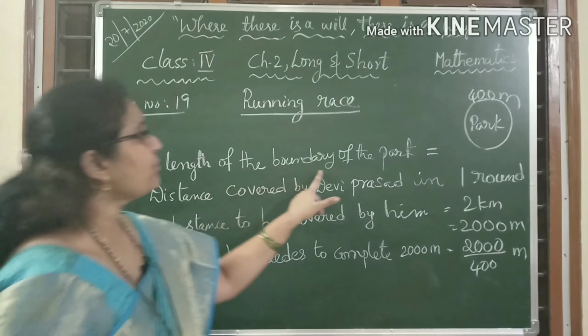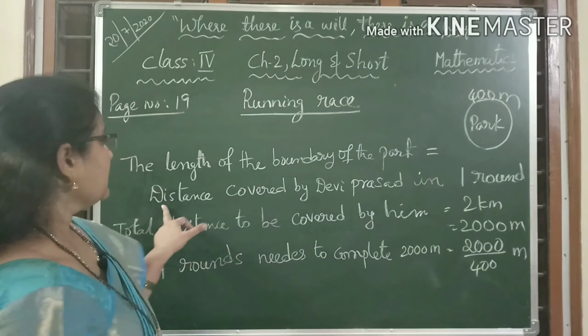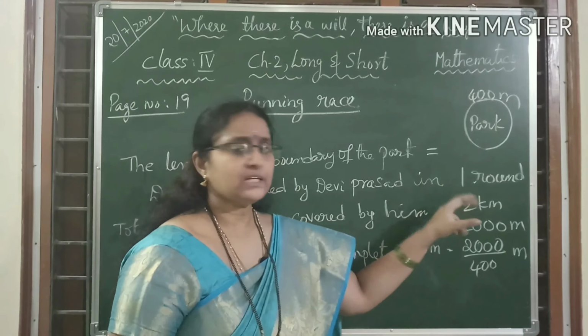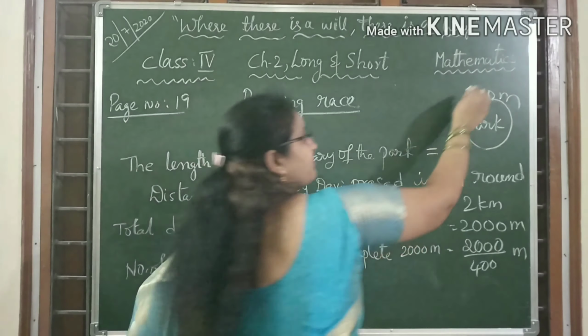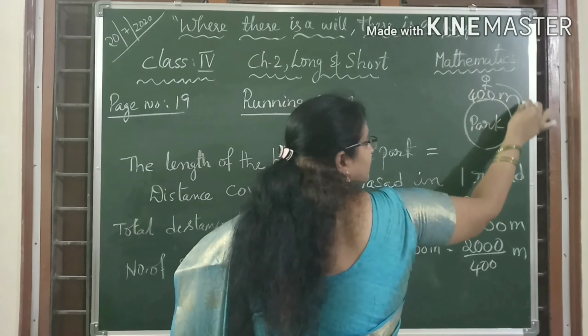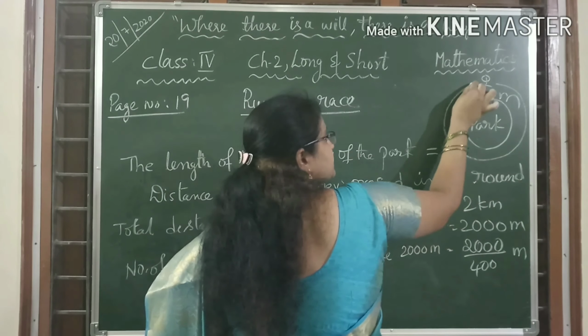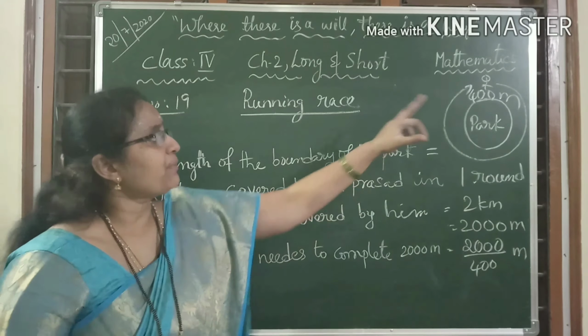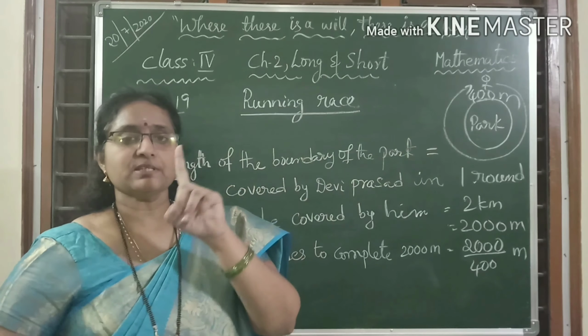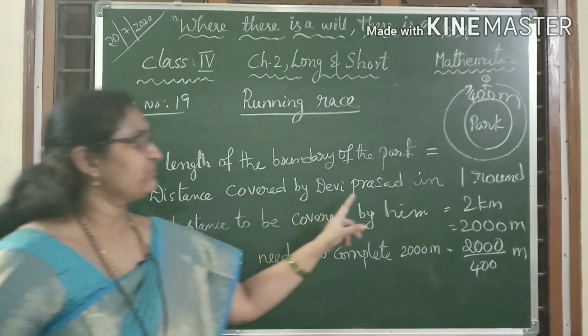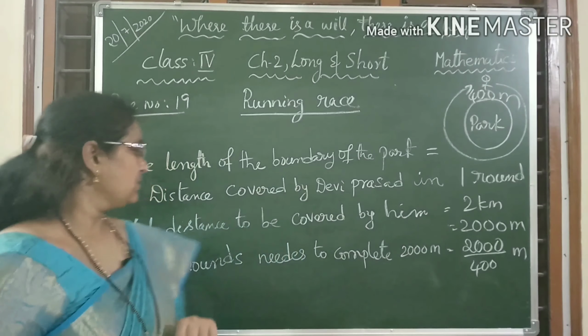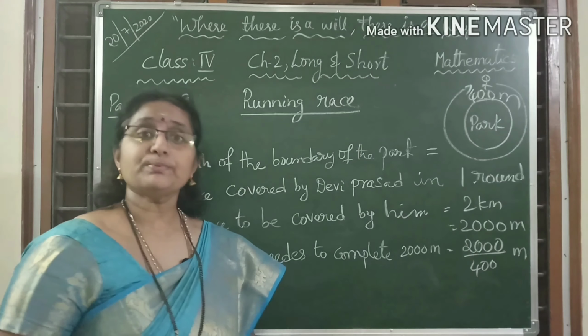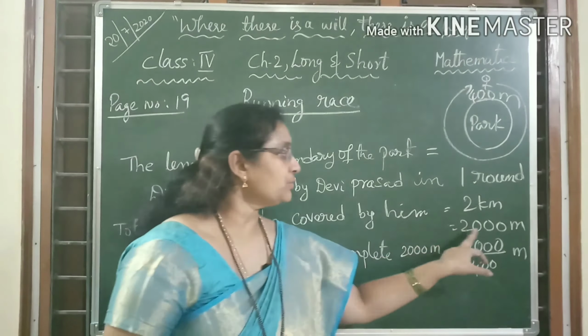The length of the boundary of the park is nothing but the distance covered by Devi Prasad in only one round. He started from here and he took a round like this. But the total distance to be covered is how much? 2000 meters.